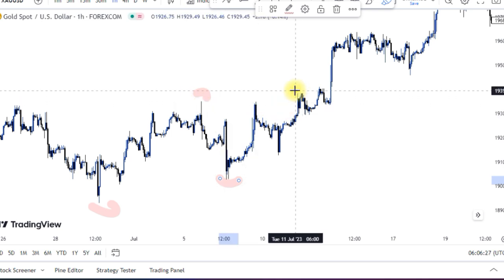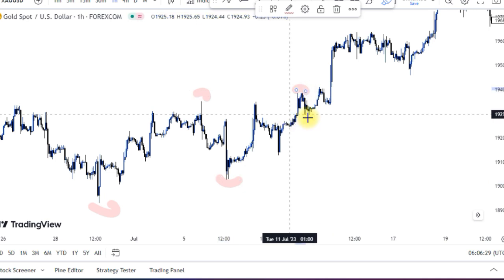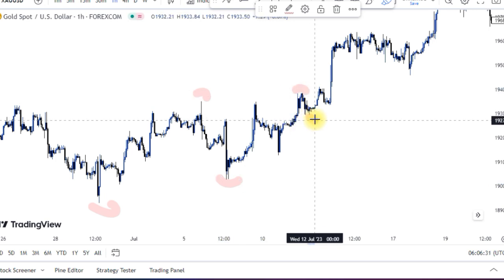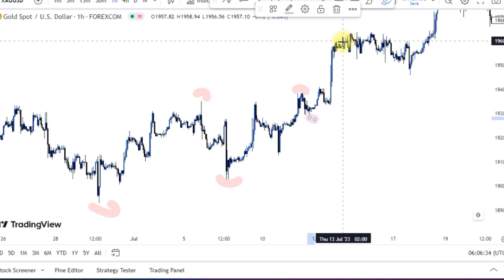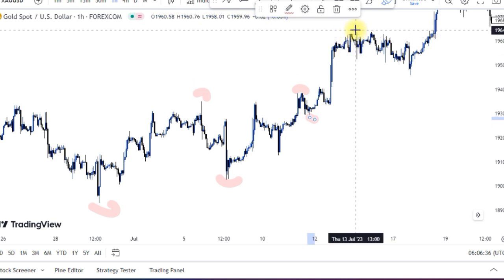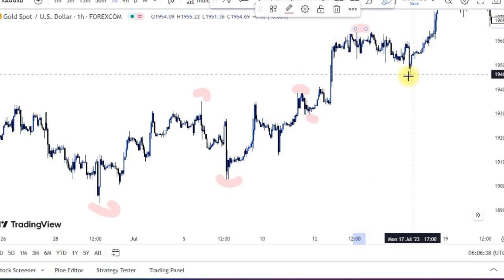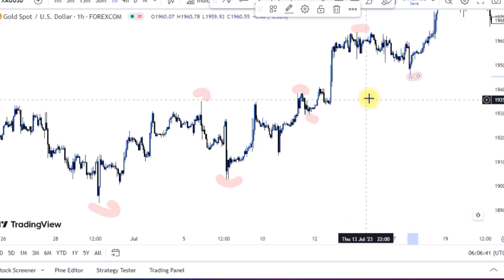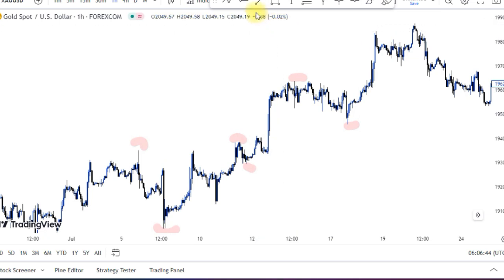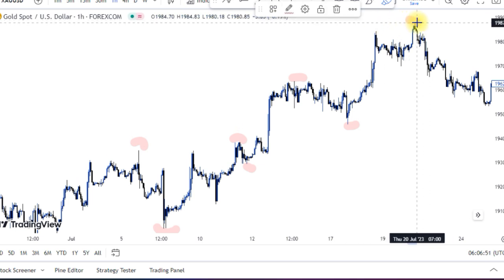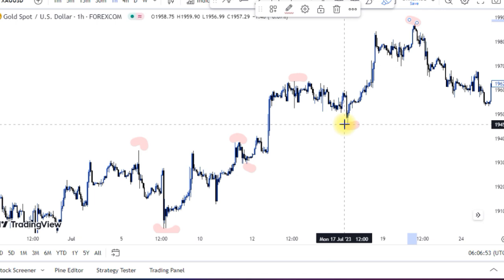Therefore, let's take this one as our higher high, and then we're also going to have this as our higher low, and the market pushes to the upside. We have again our higher high and our higher low. So if we move with the market, you can see that again we have a higher high over here, and then this is our higher low.